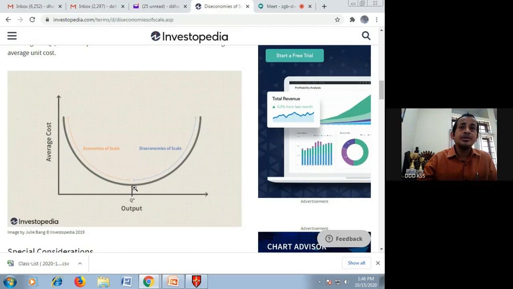After this level, you see average cost starts increasing as production, sales, or output increases. This portion is diseconomies of scale, and this portion is economies of scale. So if you think about the classroom example I gave with two classrooms, through the classroom example also we have understood economies of scale and diseconomies of scale.